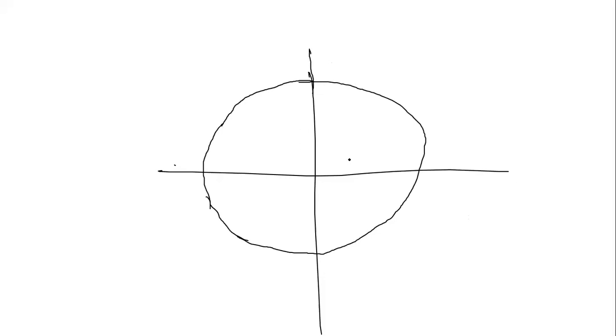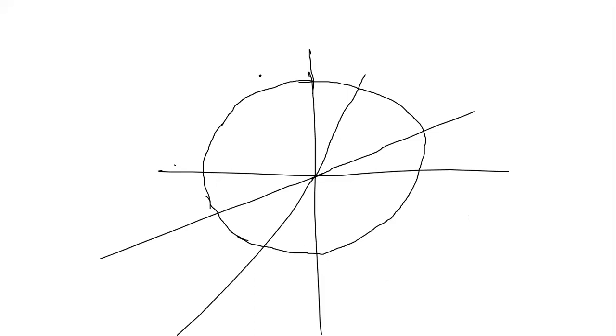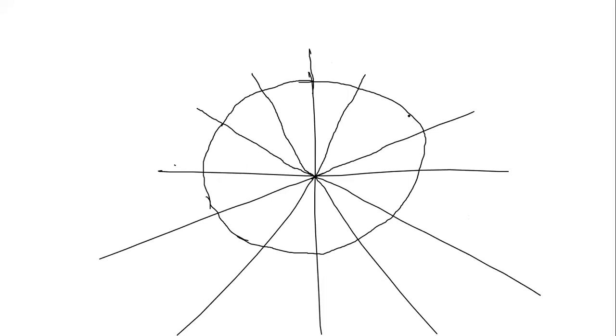And now each quadrant is to be divided into 3 equal parts like this. So these are different values. This is pi by 6, and so on. This will be 6 pi by 6, 9 pi by 6. This will be 3 pi by 6.